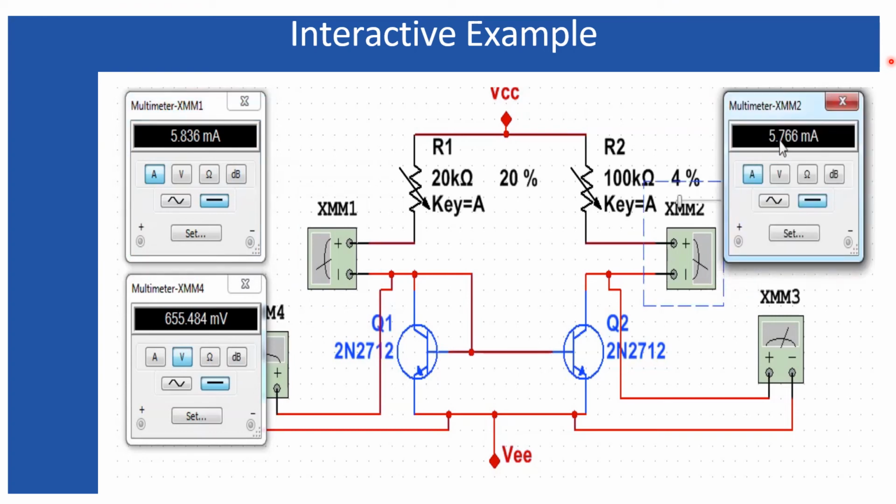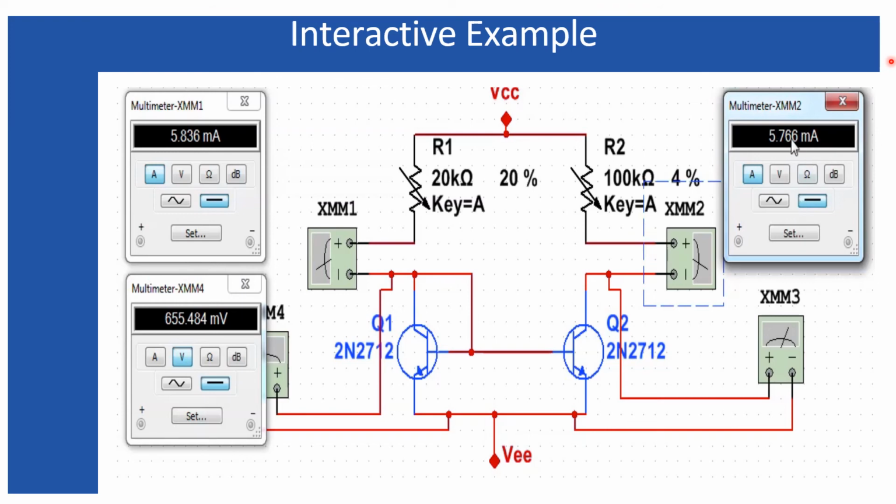Look at here, the output current is 5.766, approximately 5.8, and the reference current is also approximately 5.8. So with the first decimal digit, these two ammeter readings are exactly equal to each other, although they vary a little bit if you go to three decimal digits.